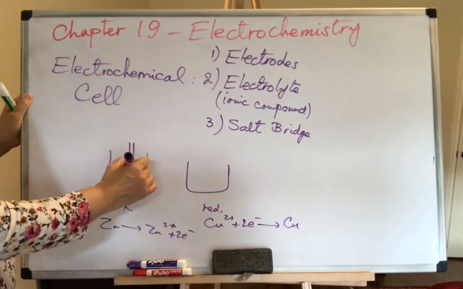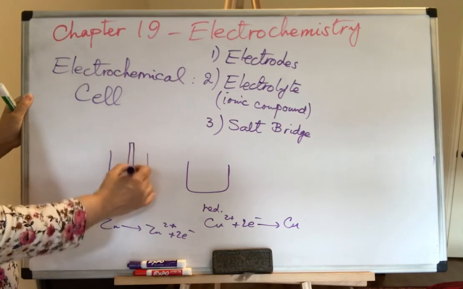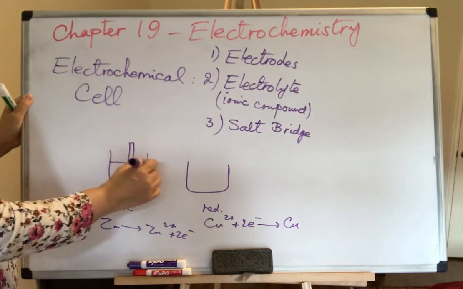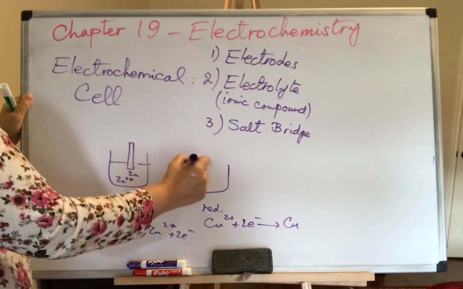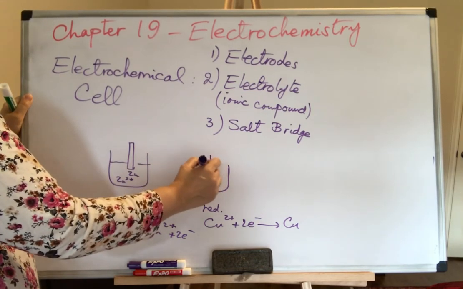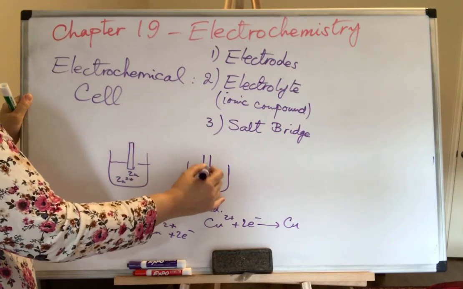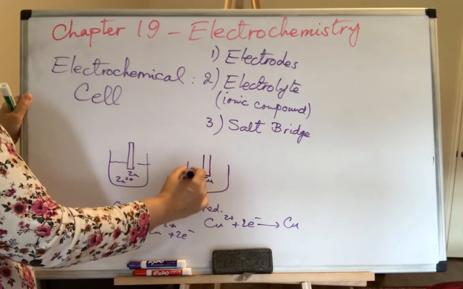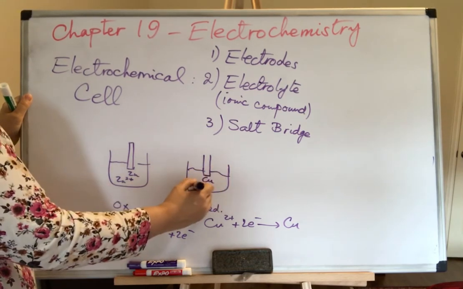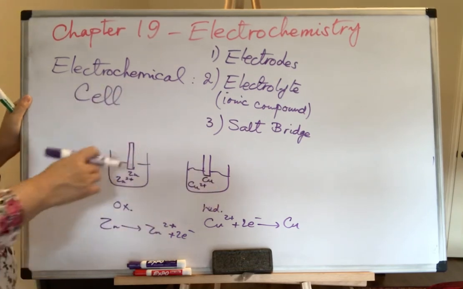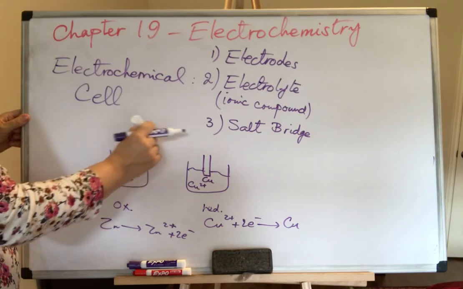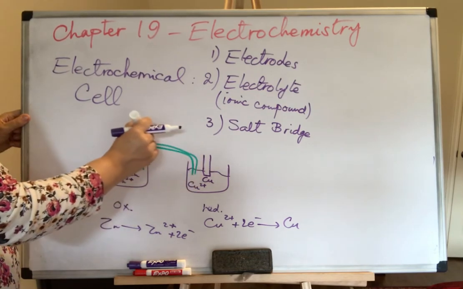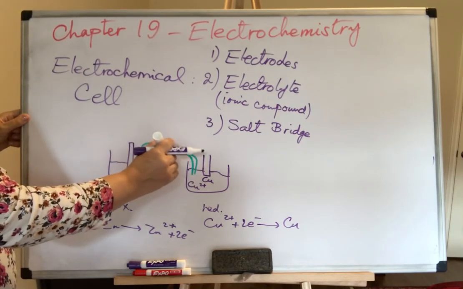So if you have a zinc plate and a solution of zinc ions, then you have another plate here, a copper plate and a solution of copper ion. Then these 2 will be connected towards a salt bridge.